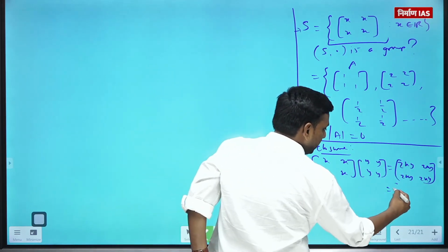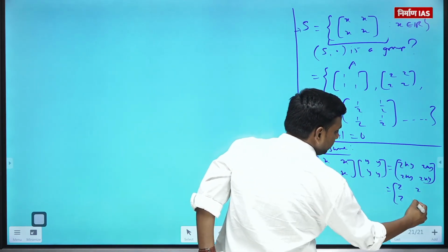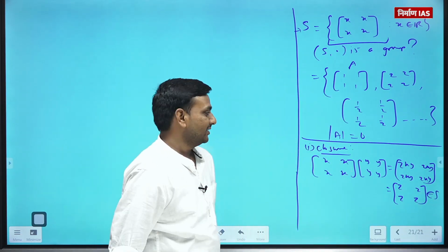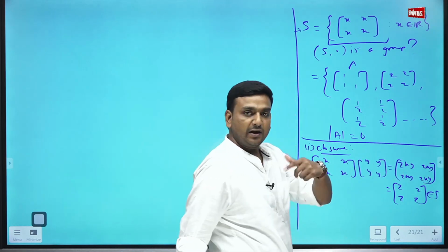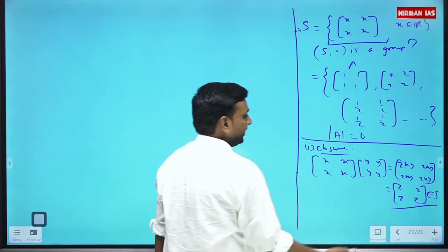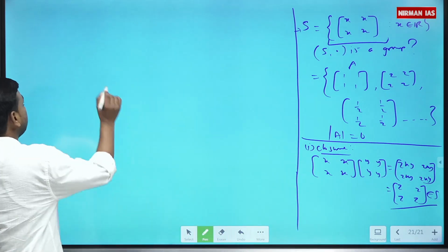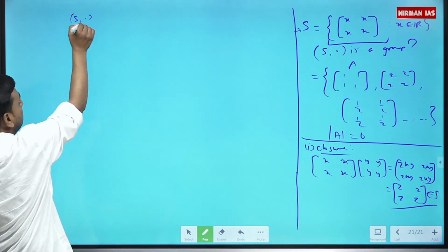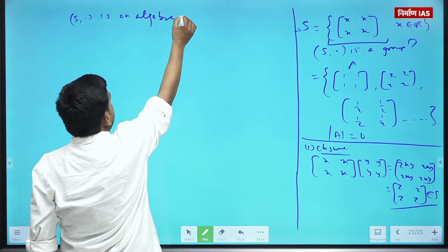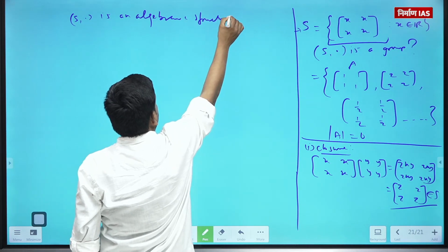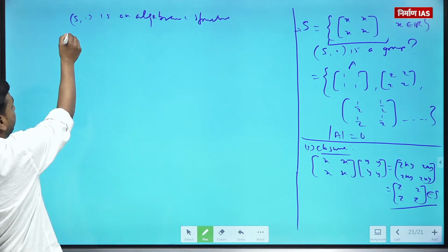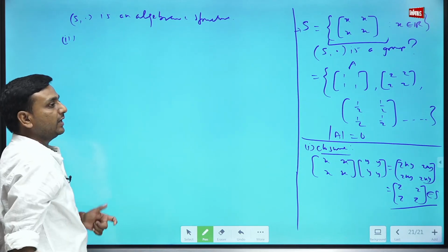So this is again some element like z, z, z, z. Will it be in the set S or not? Multiplication of two real numbers is again a real number, so this is an element of your set S. So what you can conclude here is that S comma dot is an algebraic structure. Is that clear?